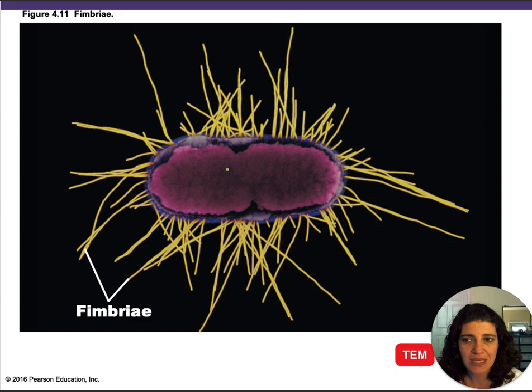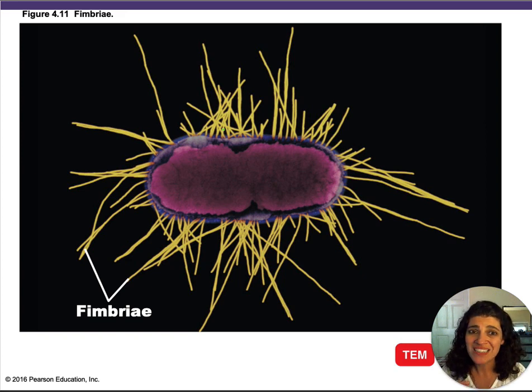Fimbriae. This appendage, which is hair-like, allows for attachment. Is attachment important in pathogenesis? Answer 1, yes. Answer 2, no. What do you think? Totally. Think about how the bacteria is going to attach to the host if they don't have some type of adhesion strategy to be able not to fall from that host, right?